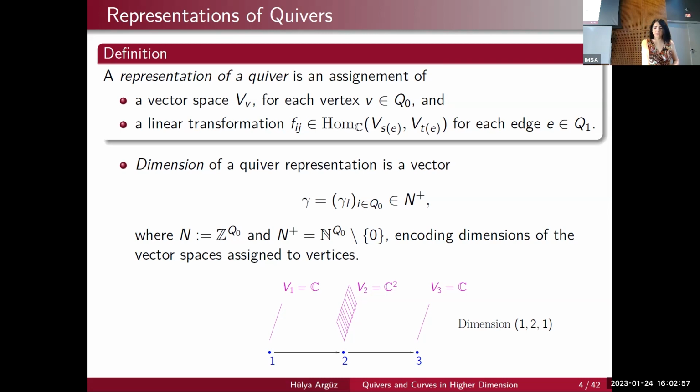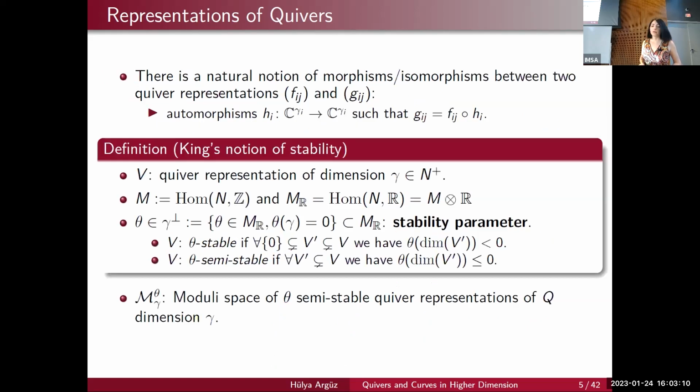Like in this example, if you have a quiver with 3 vertices, the dimension vector records the dimensions of the vector spaces, 1, 2, and 1, that you assign to the vertices. There is a natural notion of morphisms, isomorphisms between quiver representations, and we will consider the moduli space of quiver representations up to isomorphism.